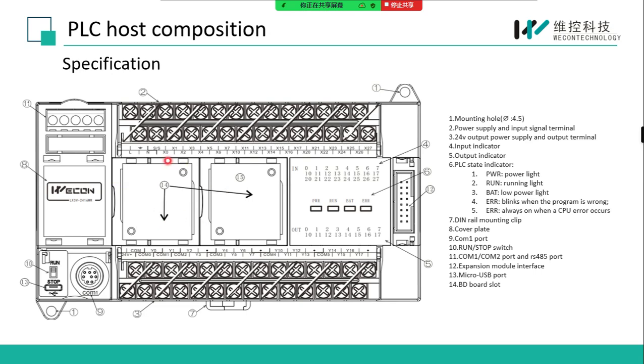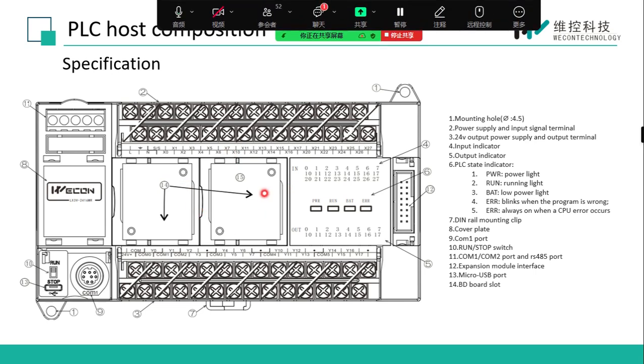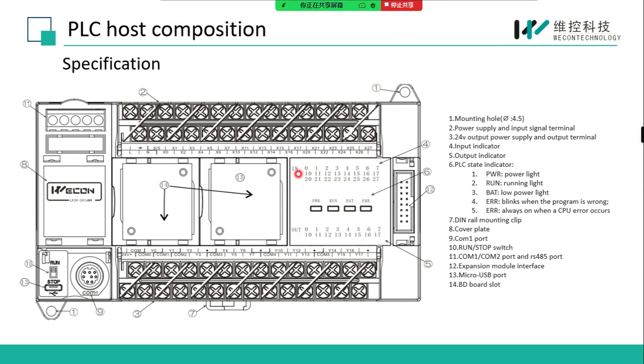Here is a 2 BD board slot. Here is number 1, DB1, and this is DB2. Here you can see the state of the input and output for each terminal, and the PLC state: the power LED, run LED, and the BAT LED shows the state of the battery.